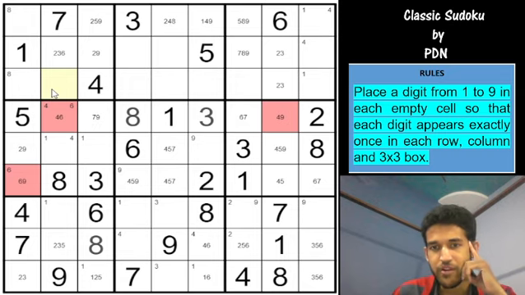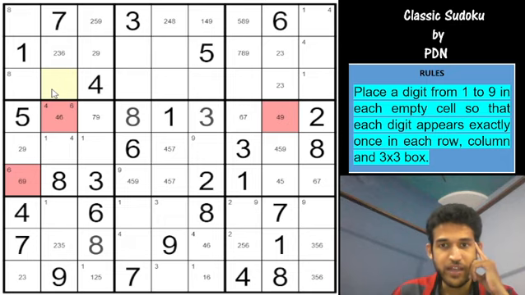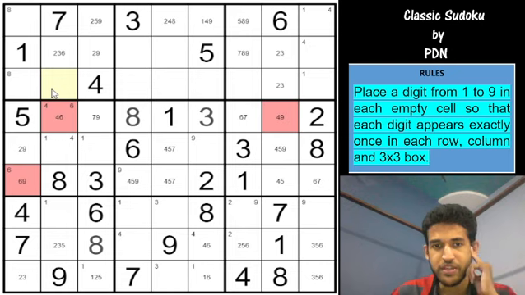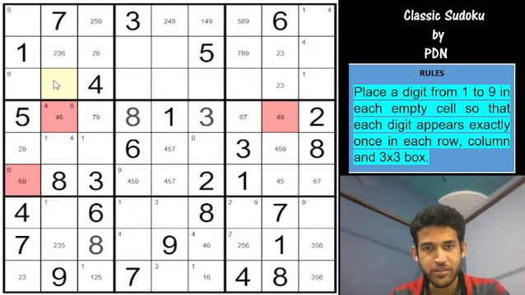So maybe by this point, we might have written all the candidates that are necessary to make the deduction that is supposed to be seen here. So let me give a deep think here. Okay, this cell is catching my eye. Can't be 4, 6, 7, 8. It cannot be 3 and 9. So that is 1, 2 and 5.